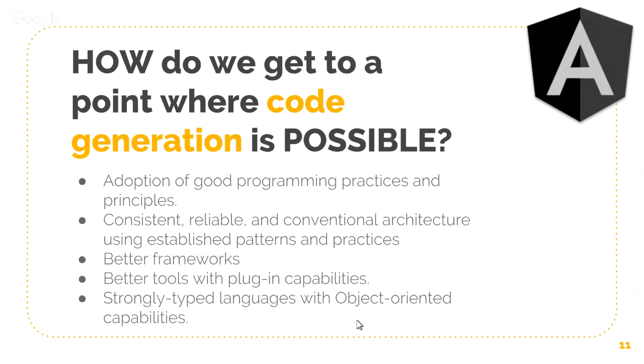They're baked into the DNA of the frameworks, tools, plugins, and languages that we use, all raising the quality and making our software more conventional and consistent. So we have things that can be generated that could not have been generated years before, but now can because of all these different practices, principles, and tools.